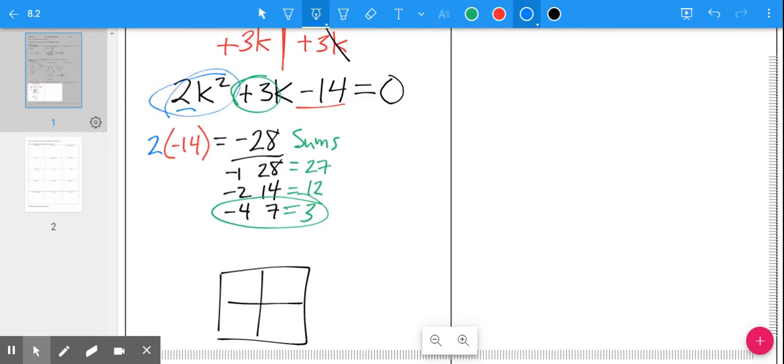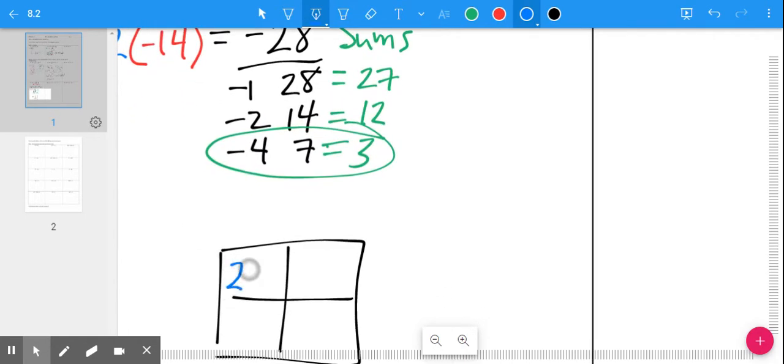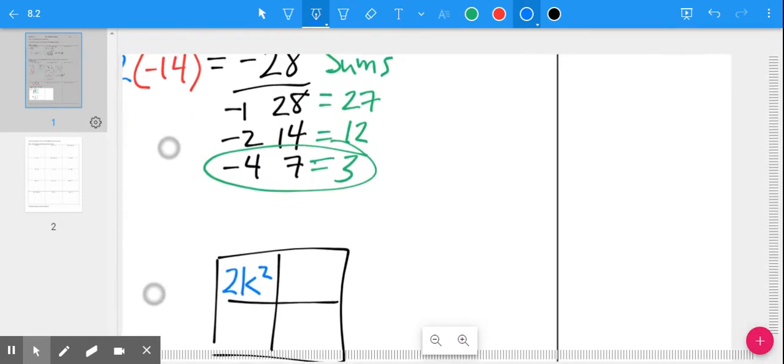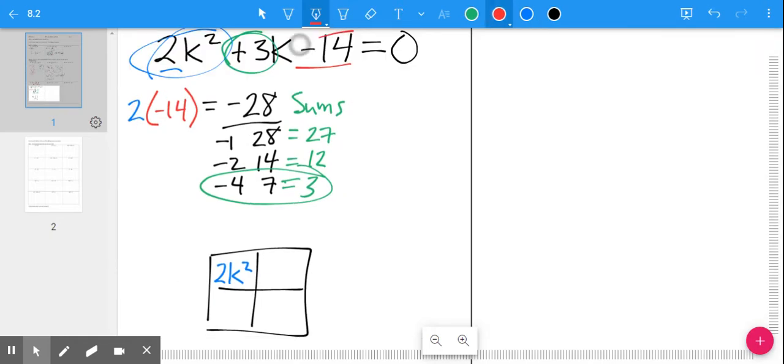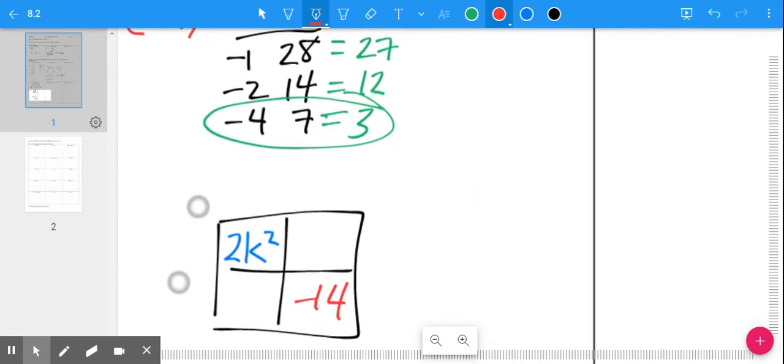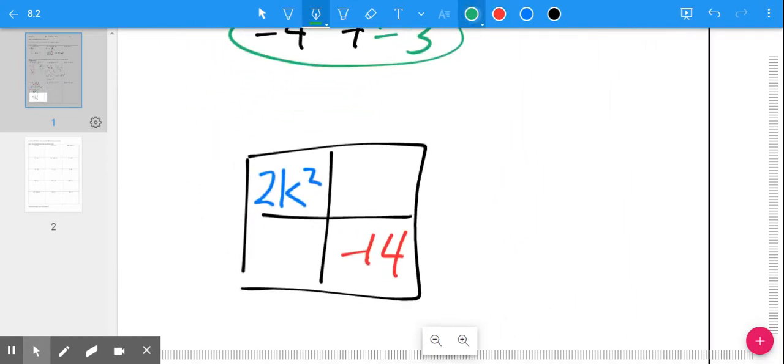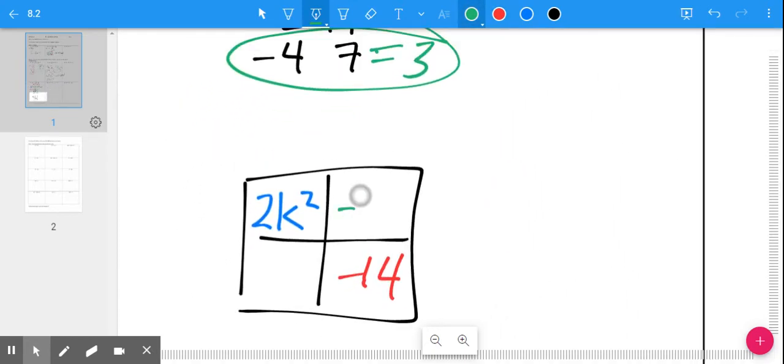First term always goes in the first box, 2k squared. Your c value always goes in that last box. And then your two factors, negative 4k and positive 7k, go here. I know the only two factors of 2, that leading coefficient, are 1 and 2.